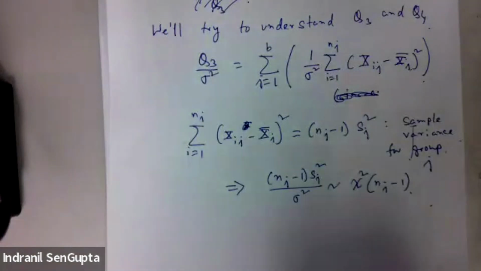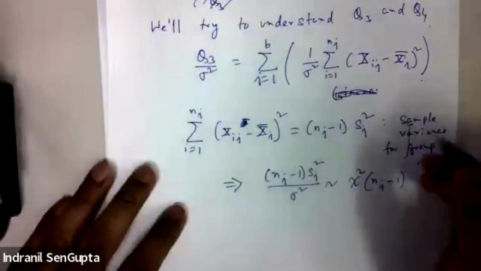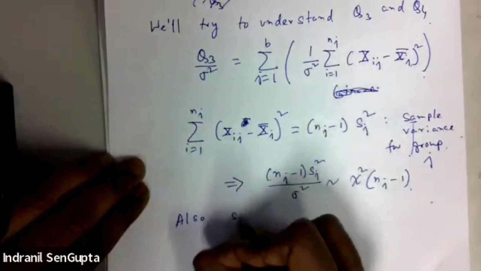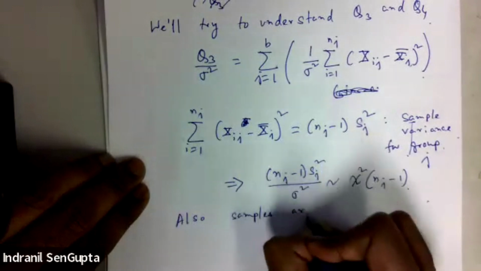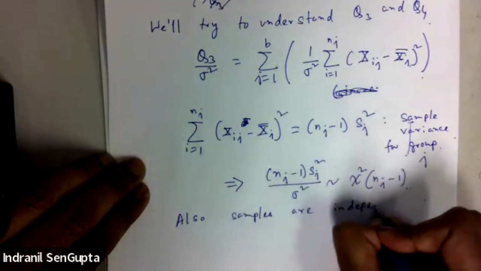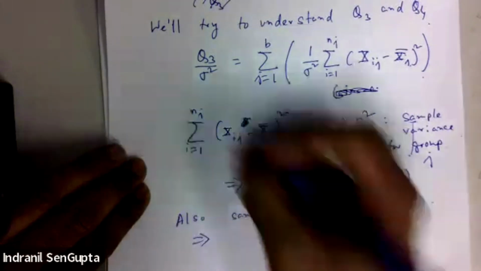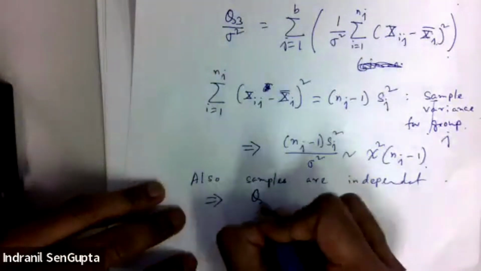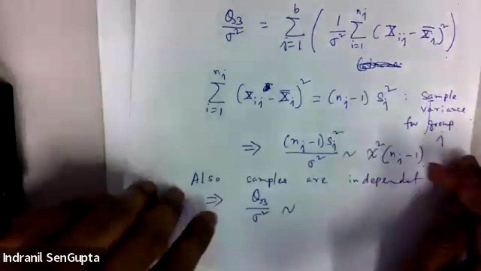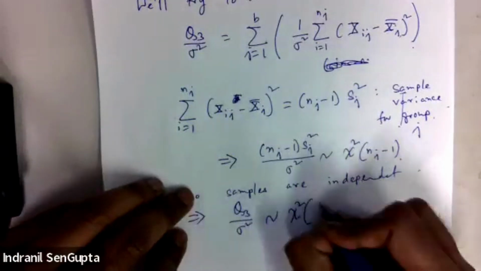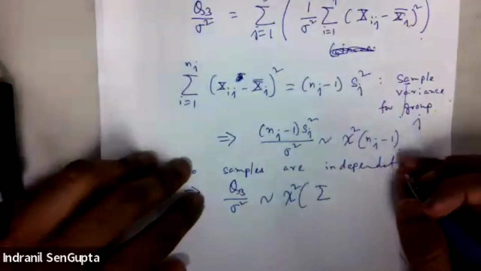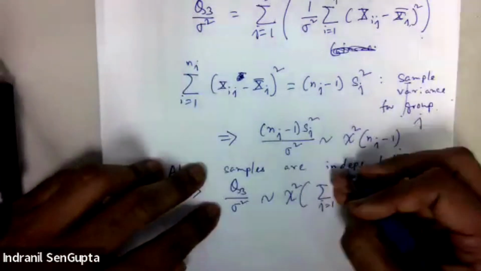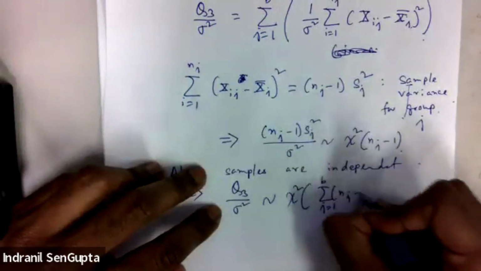And all these are independent. Therefore, also samples are independent. Which implies this Q3 over sigma squared really follows a chi-square distribution with degrees of freedom where I just add up j from 1 to b of nj minus 1.